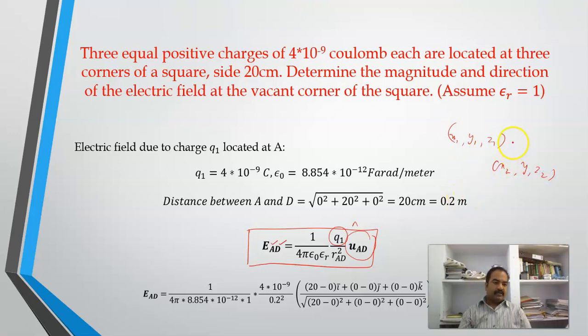Now how to determine the unit vector which joins 1 and 2? From now onwards in this course, we will take it as (x2 minus x1) i bar plus (y2 minus y1) j bar plus (z2 minus z1) k bar.